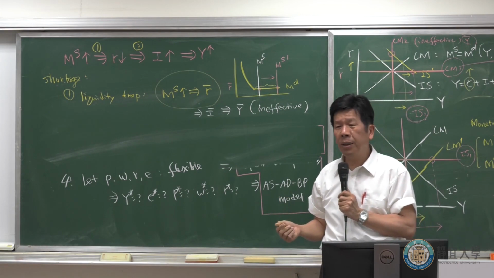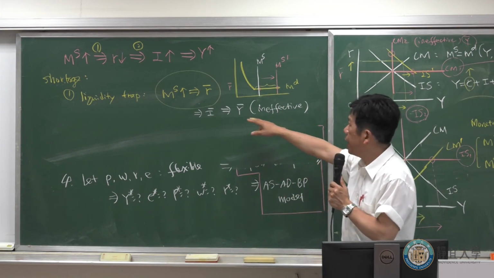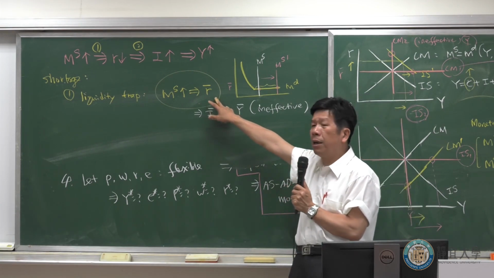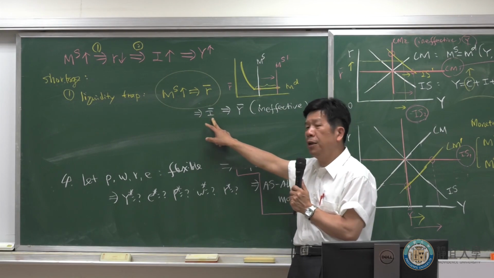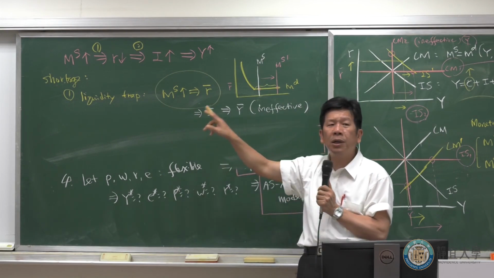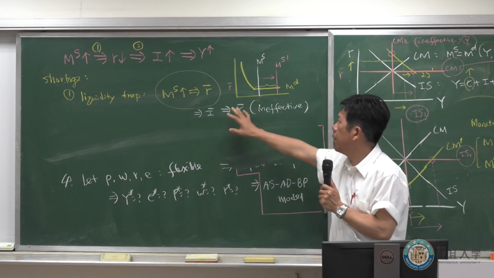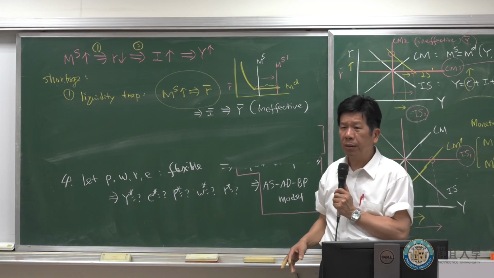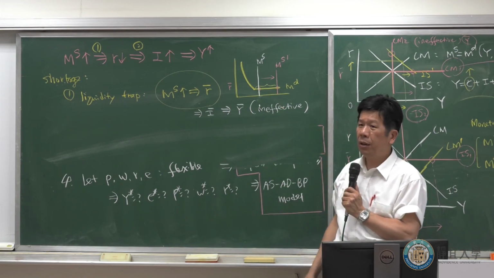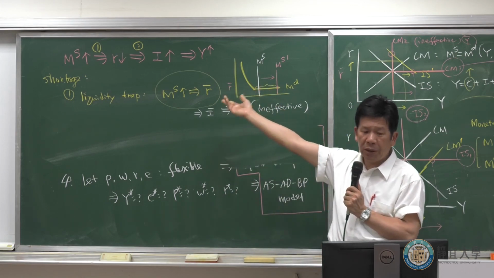So they cannot let the interest rate decrease again, so the interest rate is constant. Because the interest rate is constant, they cannot let investment increase. So investment is also constant, and then output or income is all constant, and we call this ineffective. We cannot depend on the money supply.